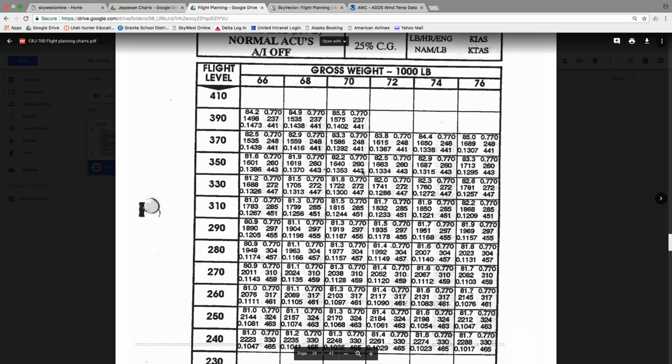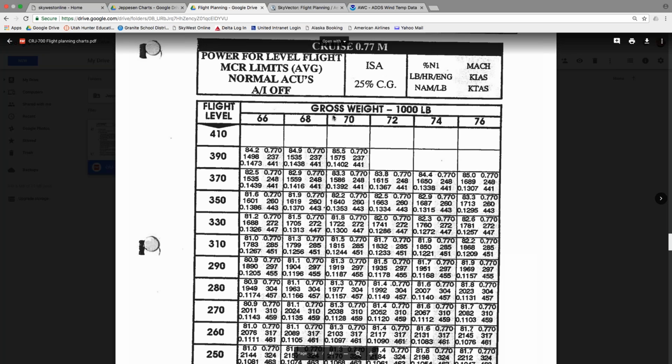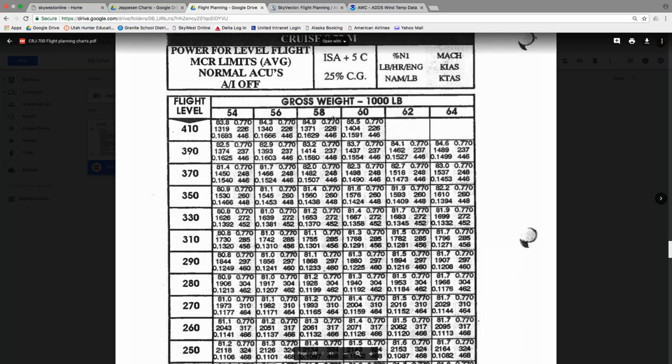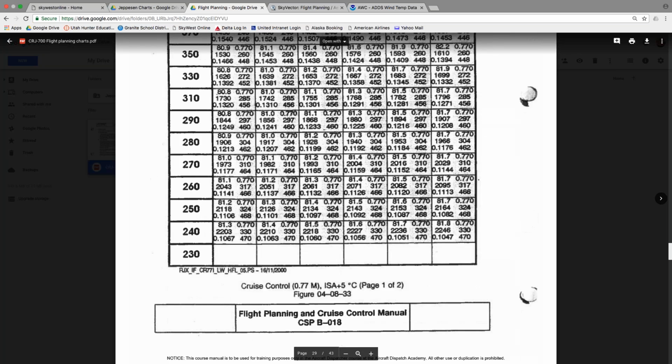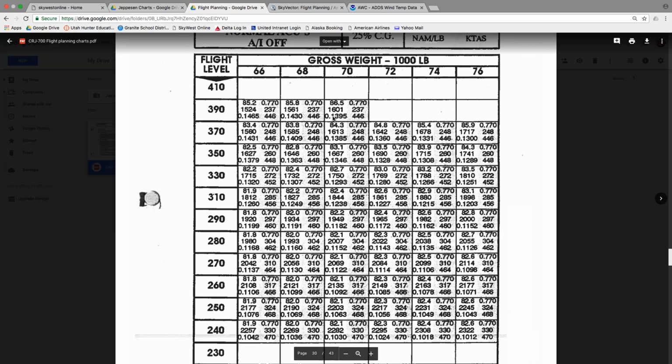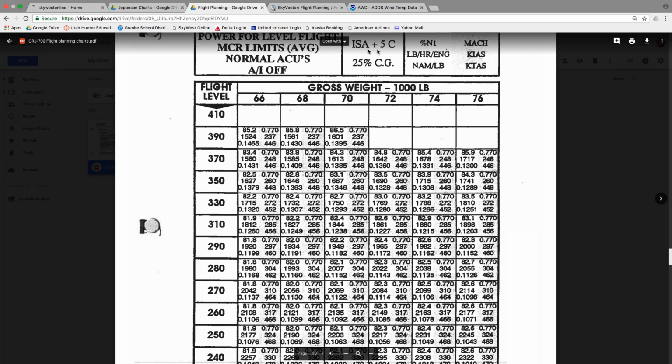So our cruise, what was our takeoff weight again? I think it's 65,333. Okay, so let's look at 66,000 pounds, 39,000 feet at ISA plus 5.